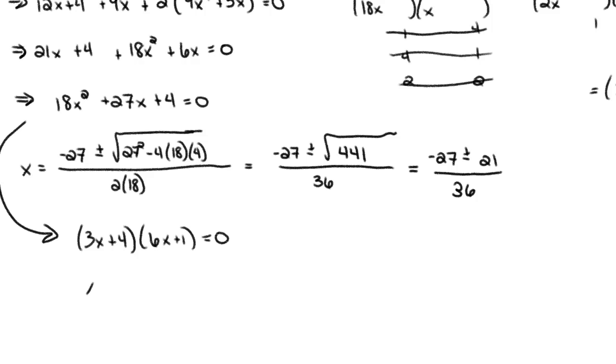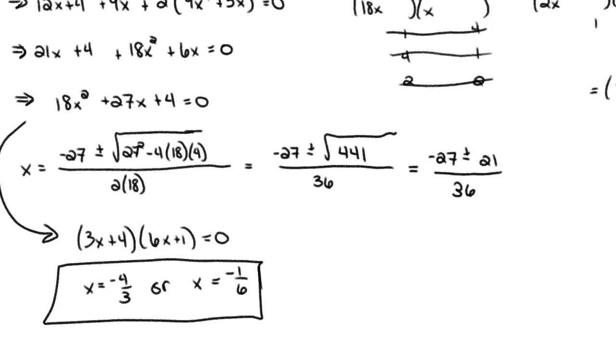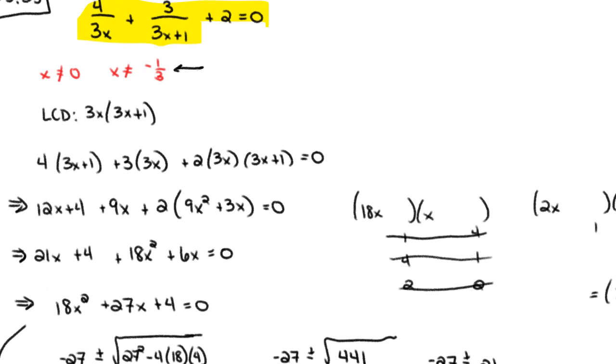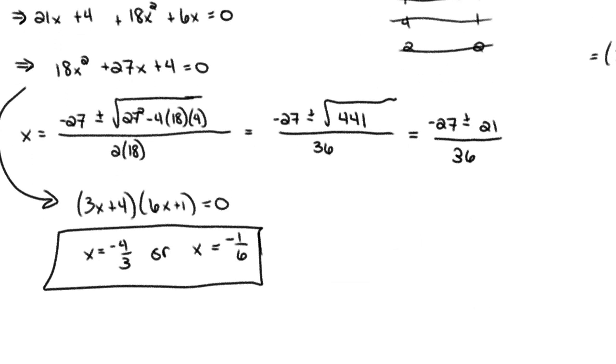Or in other words, x is equal to negative 4/3, or x is equal to negative 1/6. And that's actually what it'll reduce down to in the quadratic formula as well. Neither of these are the restricted values in red there, so they're viable answers. Anyhow, that's how that problem is done.